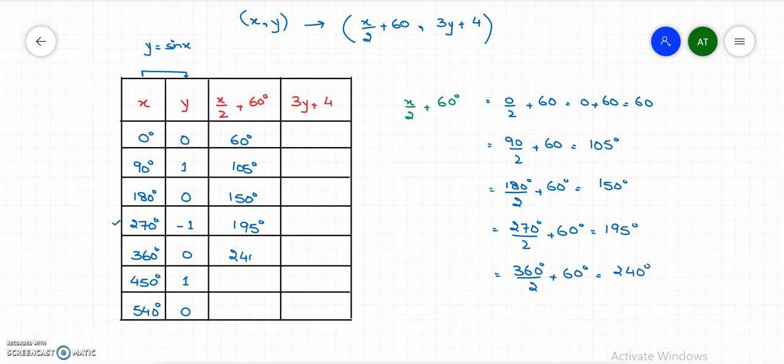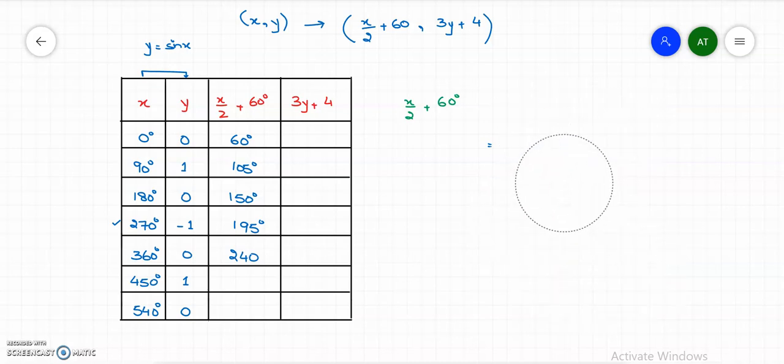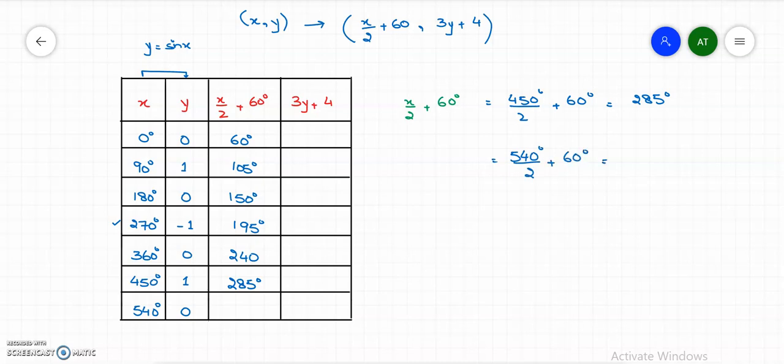The second last x value is 450, so 450 degrees over 2 plus 60 degrees equals 285 degrees. Moving to the last value, 540, we have 540 degrees divided by 2 plus 60 degrees, that makes 330 degrees.